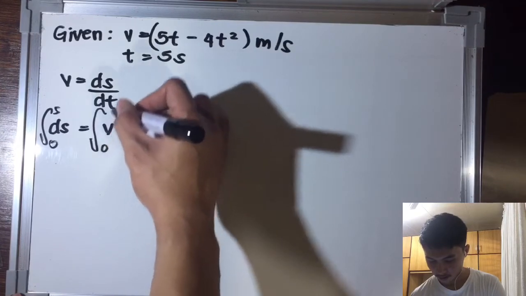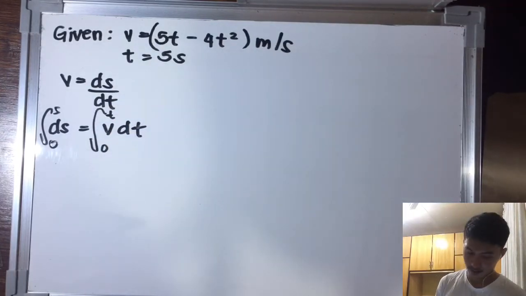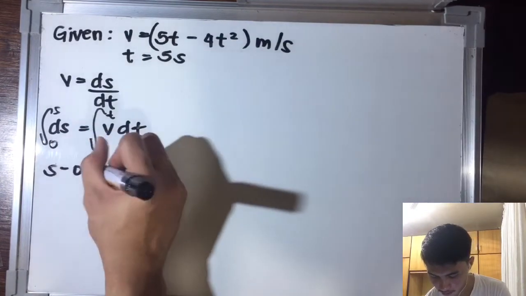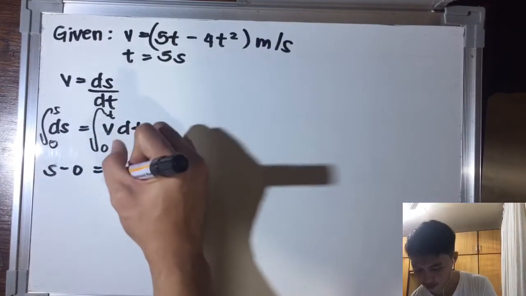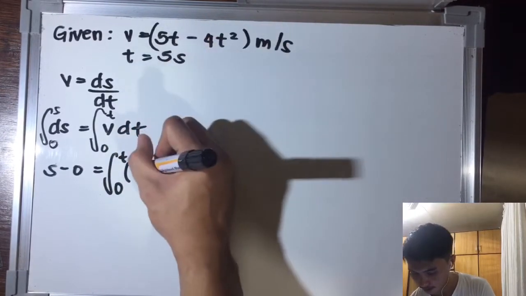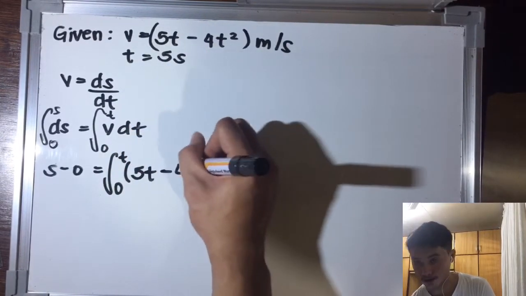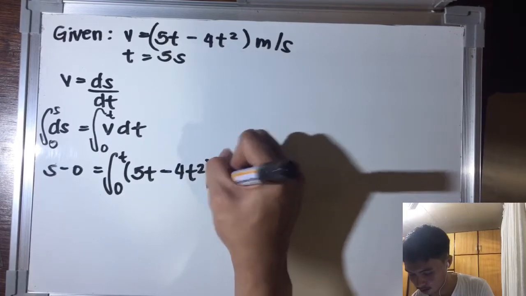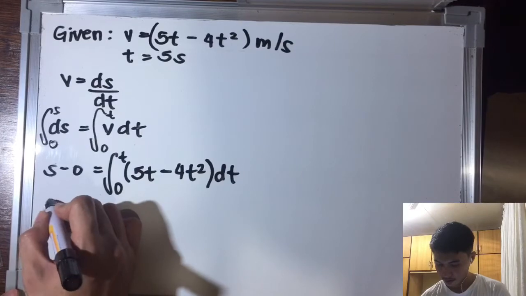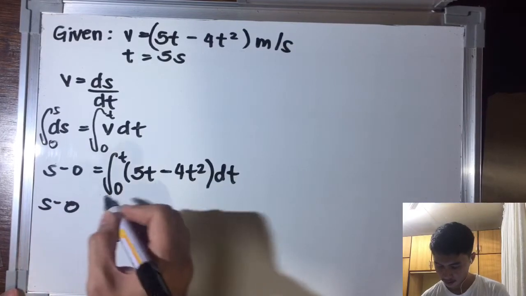So integrating, we are going to have s is equal to the integral from 0 of, substituting the value of v here, 5t minus 4t squared multiplied by dt. So simply integrate this equation.